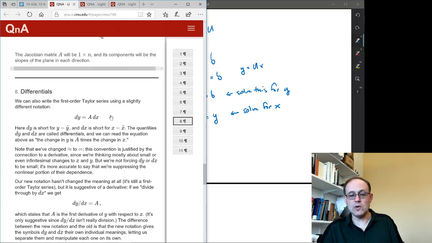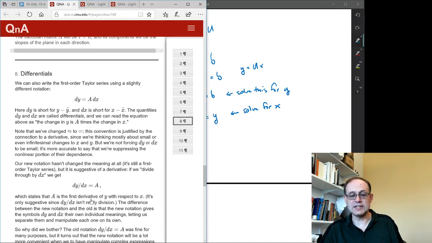So this is just a more compact notation for a Taylor series. It's exactly the same thing that we saw written in the previous section. But one nice thing about it is that it's suggestive of derivatives, because if we quote-unquote divide through by dx, we get dy/dx equals A, which is saying that A is the first derivative of y with respect to x.